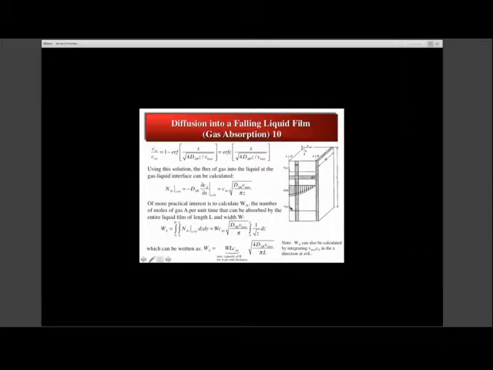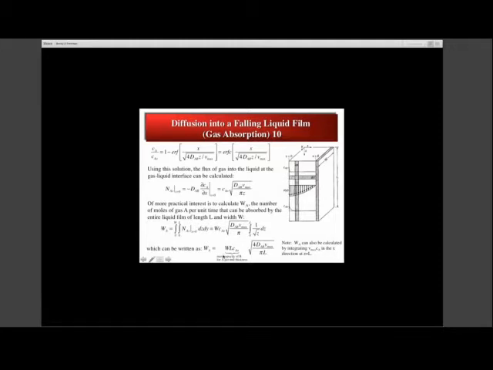And so you can imagine that the maximum amount of A that you can absorb into that liquid film under any conditions would be given if the liquid contained A entirely at its equilibrium concentration, Ca0. So the maximum amount of A that could possibly be absorbed in a liquid film of this size is Ca0 times L times W times delta, okay?